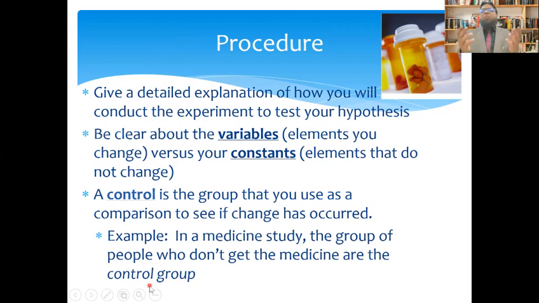If we make the corona vaccine and give it to some patients and see the effect, and one group of people we are not giving any vaccine, that group is considered the control group.